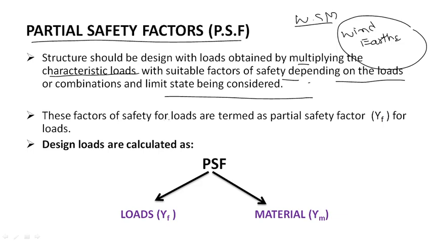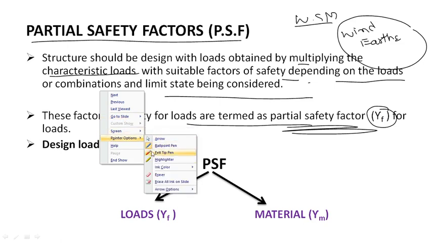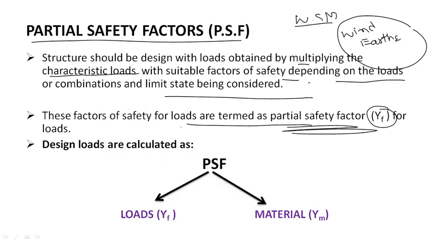These factors of safety for loads are termed partial safety factors, that is gamma F. Wait, I will change the color of the pen so that you can easily see. Now the pen color is red.